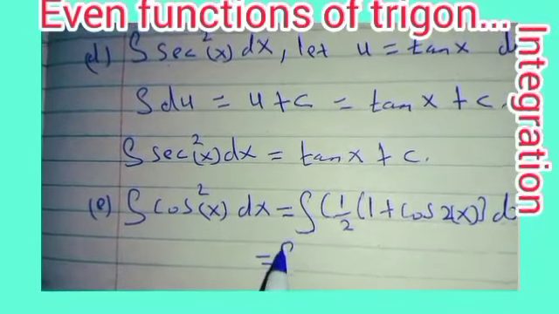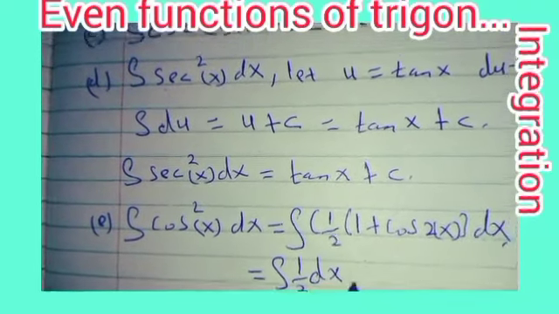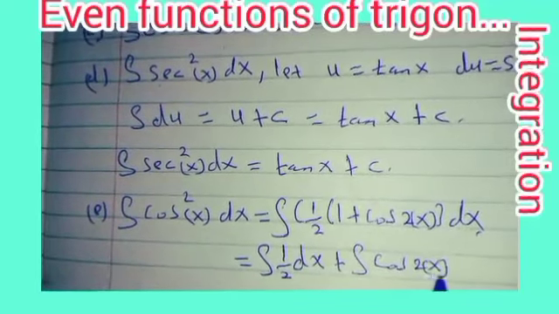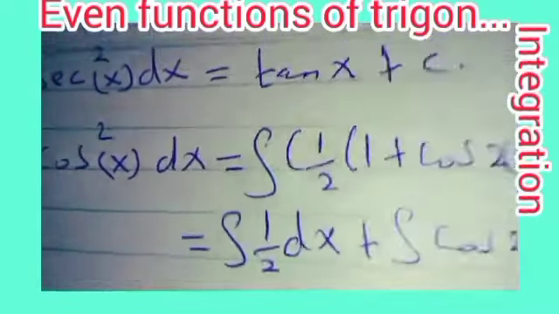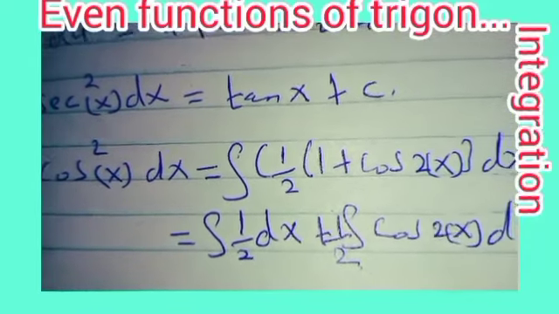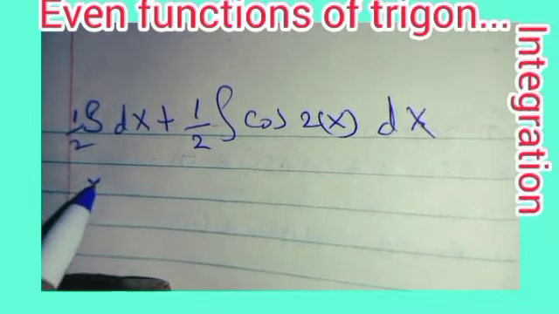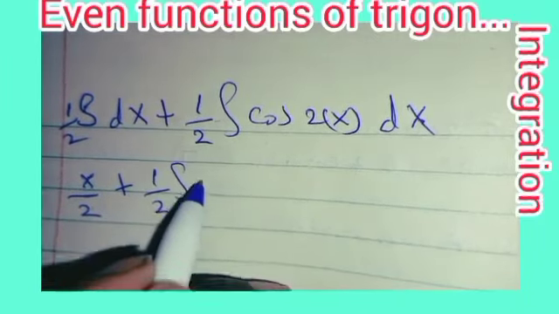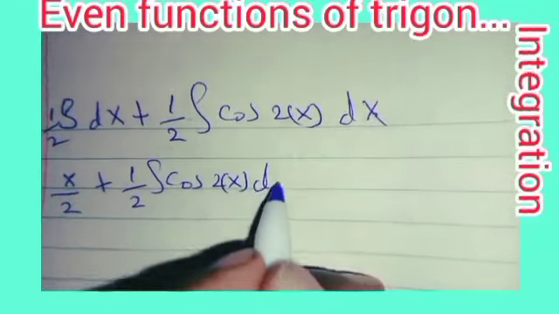This can be written as integral of half dx plus integral of cos of 2x dx. So there is also a half here, half of that. So the first part here is x over 2 plus half integral of cos 2x dx.